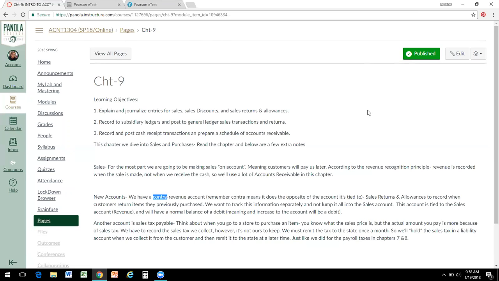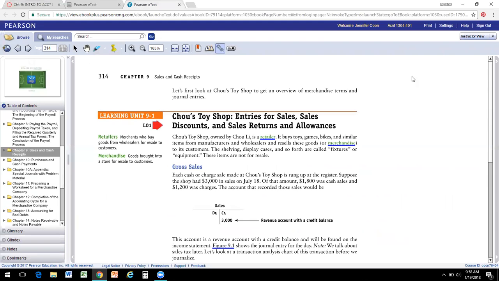You just got to think of which side of the transaction we are on. Are we selling something to a customer, or are we buying something from a vendor? So a lot of these, for chapter 9 and 10, may end up having accounts receivable involved instead of cash. Some may have cash. So don't forget, accounts receivable has the word receive in it. That means we're going to receive money at a later date, right?